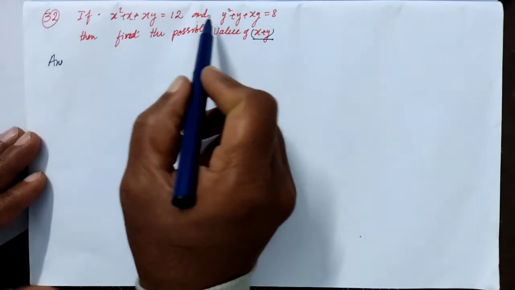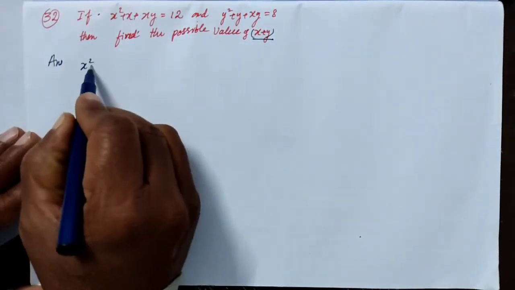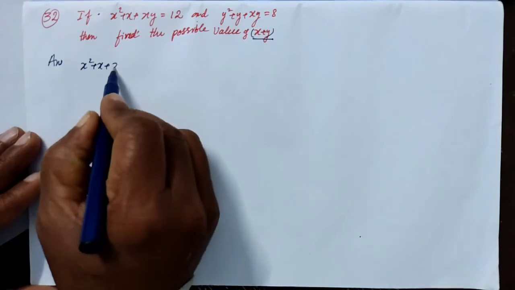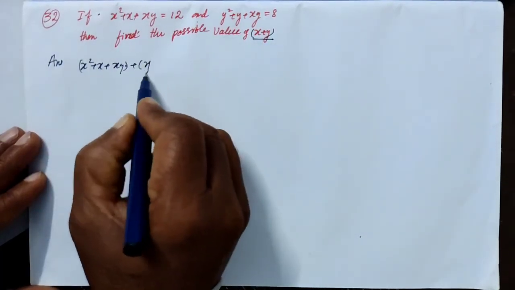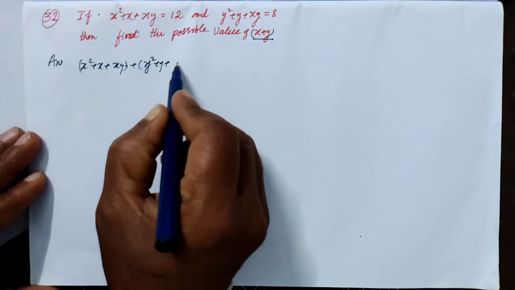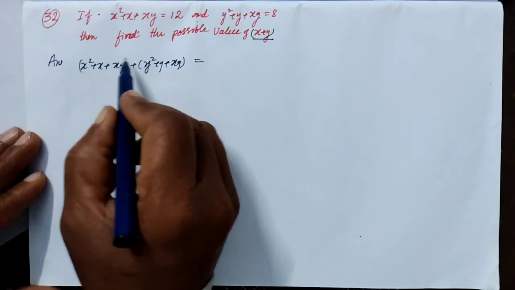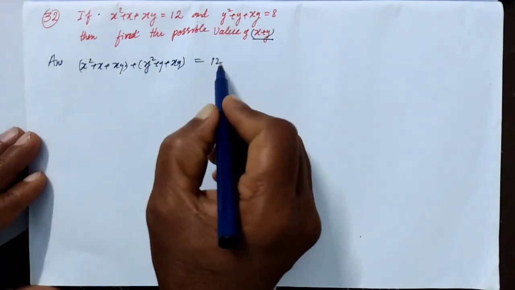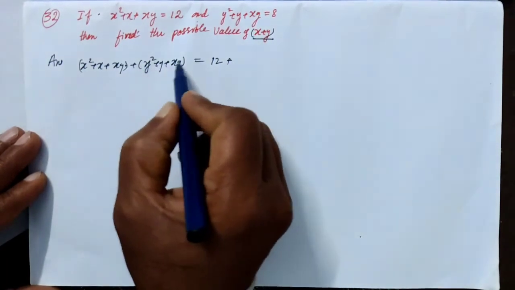Add these two equations, x square plus xy plus y square plus y plus xy. So this is equal to 12, plus this is equal to 8.